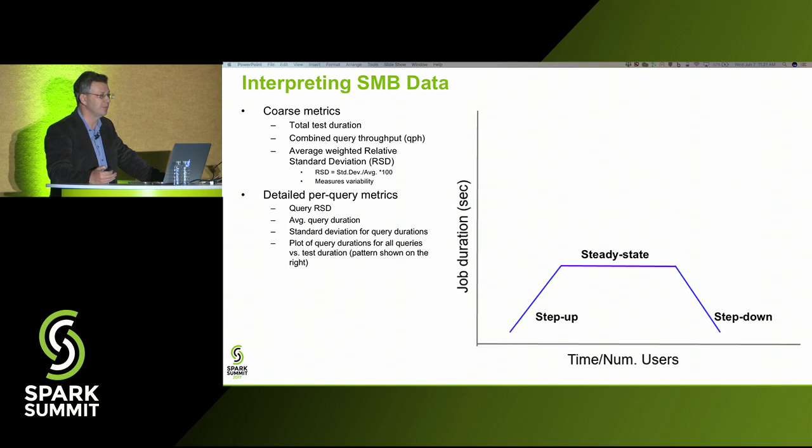Because it doesn't make sense to compute the deviation between all queries if they're different in their types, right? So it's done per proper type and then averaged. And as I said, the deviation between individual jobs is very important to predictability.